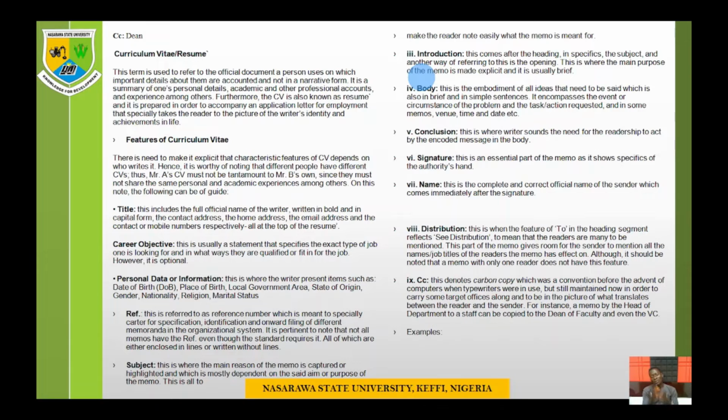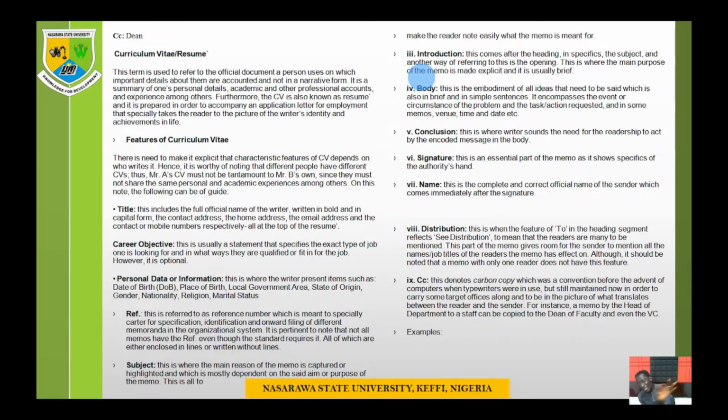So actually, we may say these particular features we have given depend on the kind of memo that is in operation. There are ones that are optional and there are ones that must be there. Like the title must be there, the heading segment must be there, the memo type must be there, the subject matter must be there, the introduction, the body, and the conclusion.